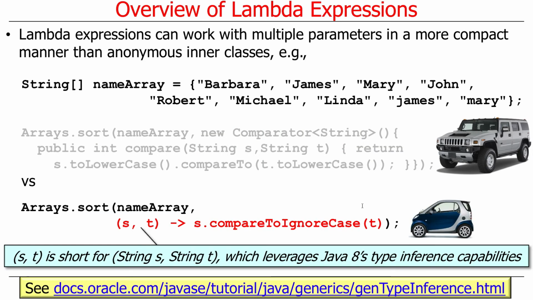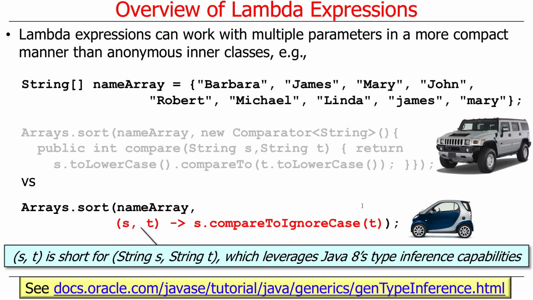In contrast, here is a lambda expression way of doing this. What we do here is we say Arrays.sort(nameArray), so we're going to sort this array, and then we give a lambda expression. And notice how we say open paren s comma t close paren. This is simply indicating that this lambda expression expects two parameters, and what's cool about it is that the compiler can actually figure out that s and t are strings.